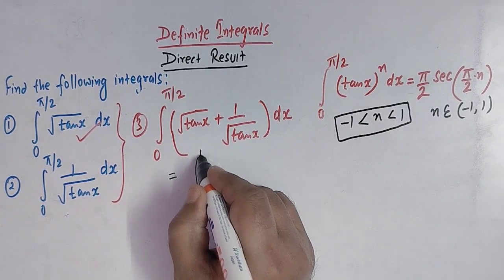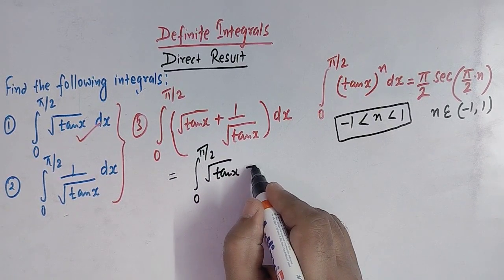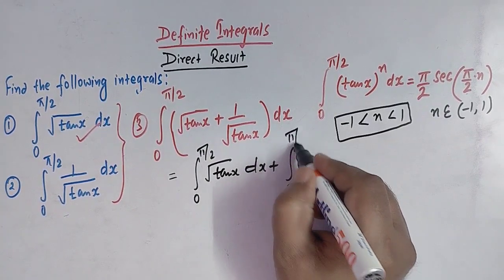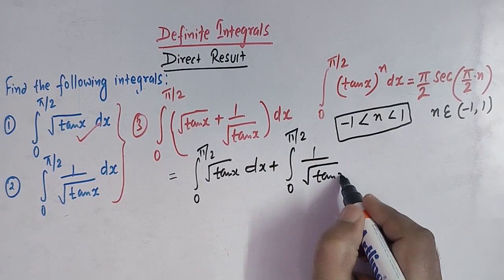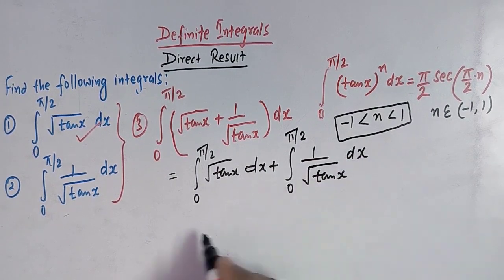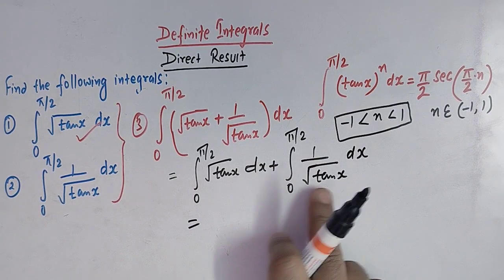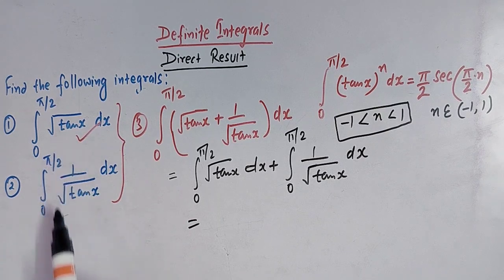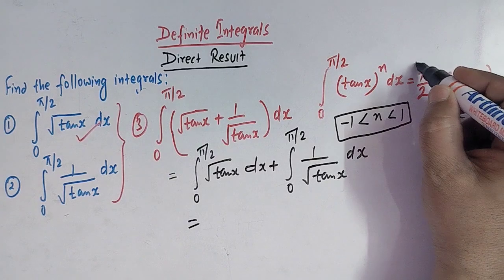So we can now write 0 to pi by 2 square root of tan x dx plus 0 to pi by 2 of 1 over square root of tan x dx. Now we can see that these two integrals are identical with these two integrals, and we have just calculated the values of these two integrals using this rule.